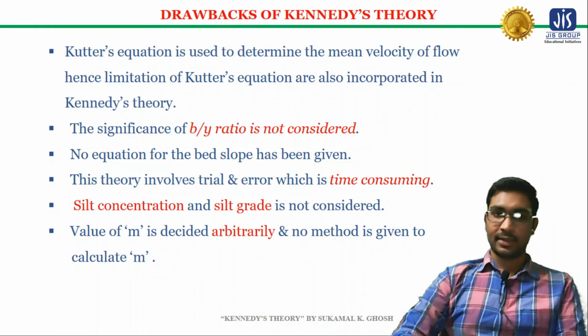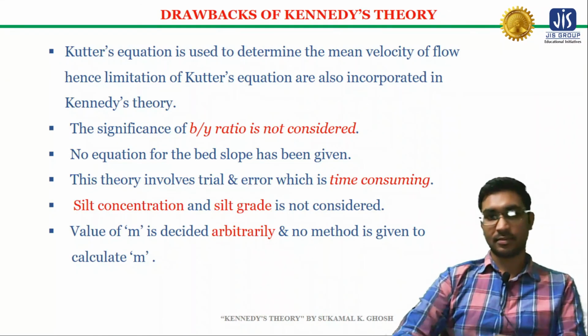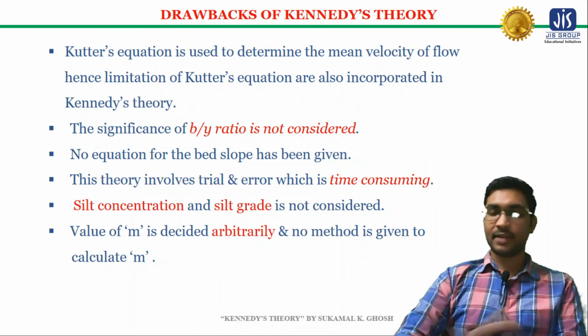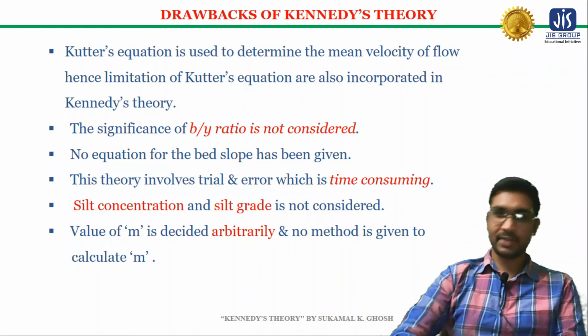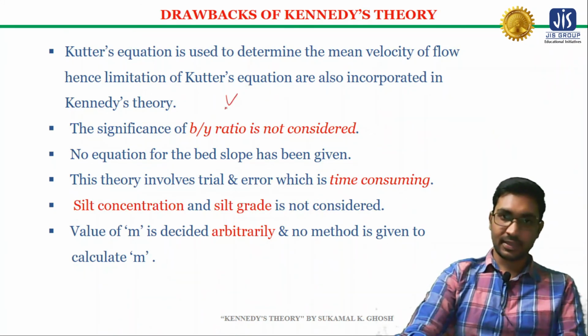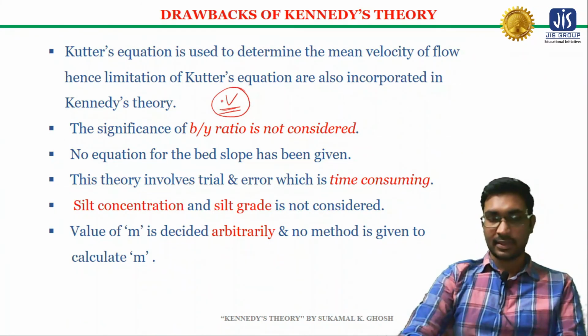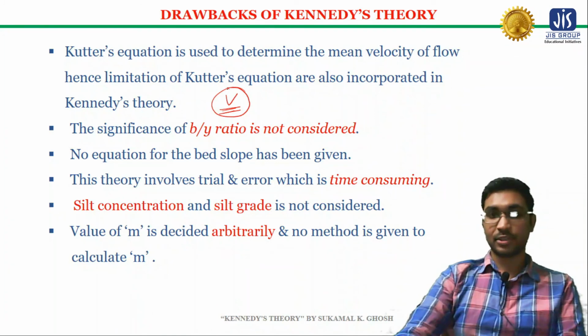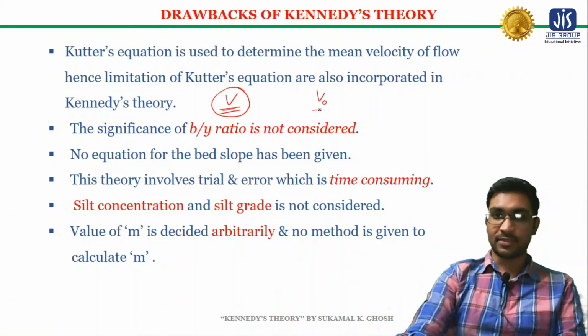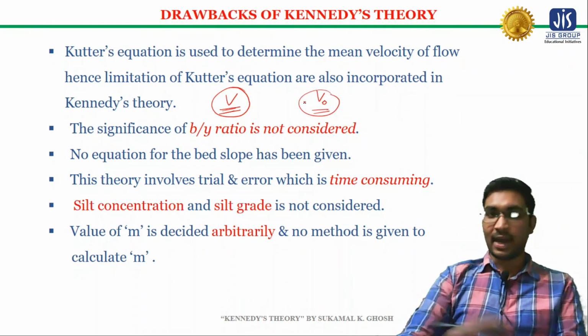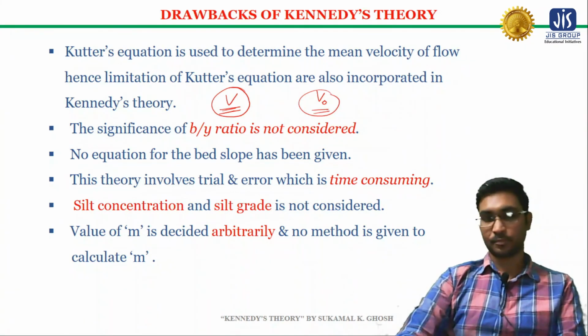The first and most significant limitation is that Kennedy hasn't derived any equation or expression for the actual mean velocity, that is V. He gave the expression only for the critical mean velocity, that is V naught, but he asked to use Kutter's equation or Manning's equation to determine the actual mean velocity of flow.